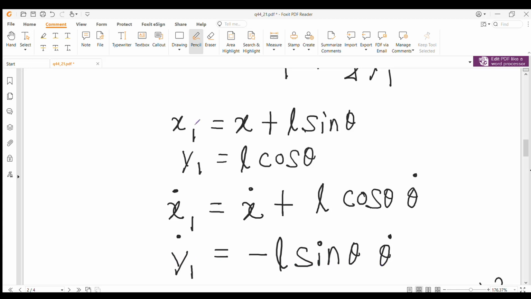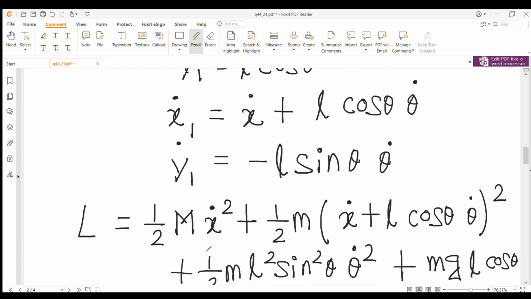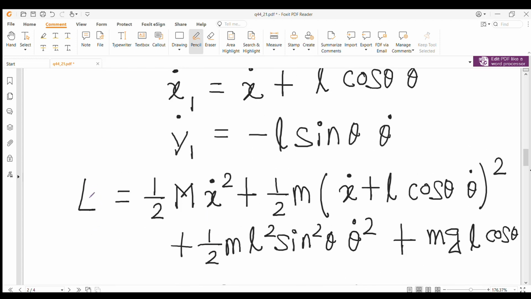Putting the values of x1, y1, x1 dot and y1 dot in the expression of the Lagrangian, we obtain the Lagrangian L equal to half into capital M into x dot square plus half into small m into x dot plus L cos theta into theta dot whole square plus half into small m into L square into sine square theta into theta dot square plus mgl cos theta.